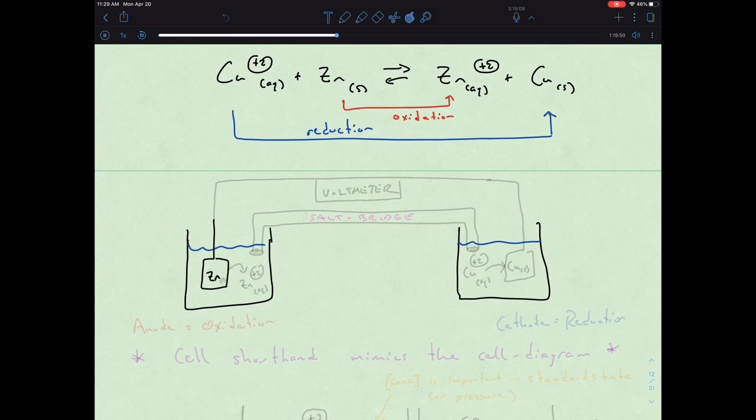We had our zinc going to zinc plus 2, and that was our anode, or oxidation, and we had these electrodes connected. On the other side we had the copper being reduced. So there's where our cathode is, for the reduction.